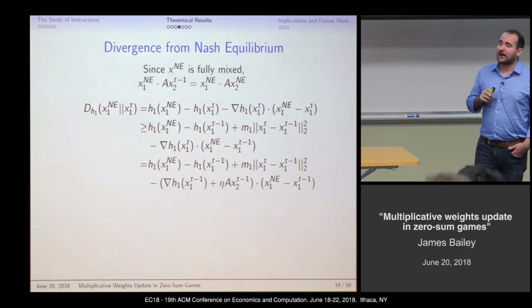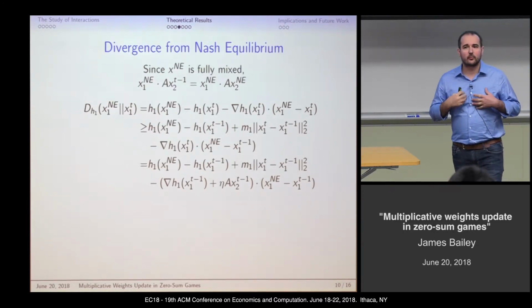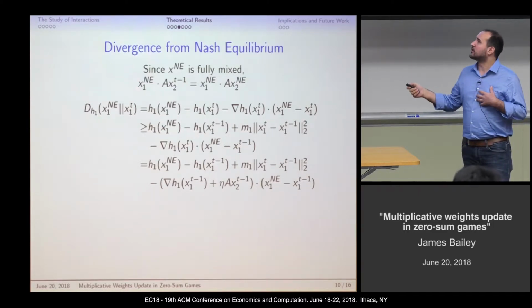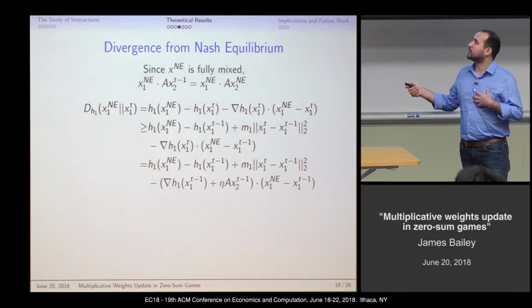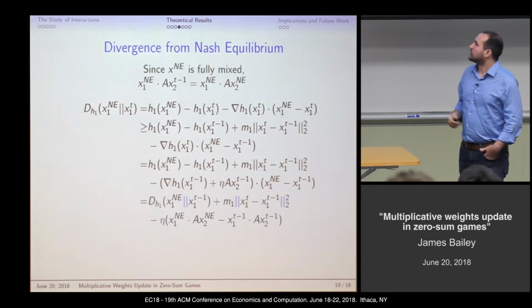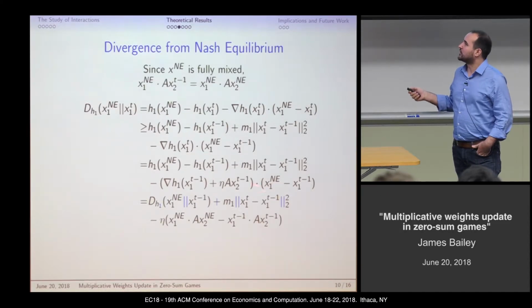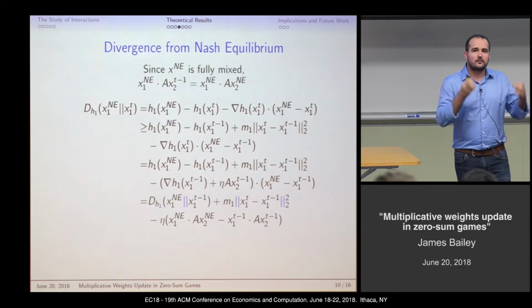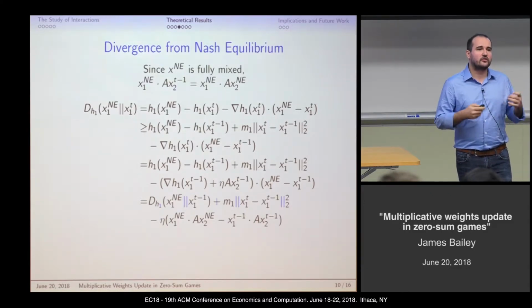Because our strategies are a Nash equilibrium, when I play my Nash equilibrium, it doesn't matter what my opponent plays. Therefore, instead of looking at the payoff when I play my Nash equilibrium and my opponent plays the strategy at time t minus 1, I can just assume my opponent also plays the Nash equilibrium. We can substitute this in, and multiply out. Finally, we add together the two divergences of the two players.